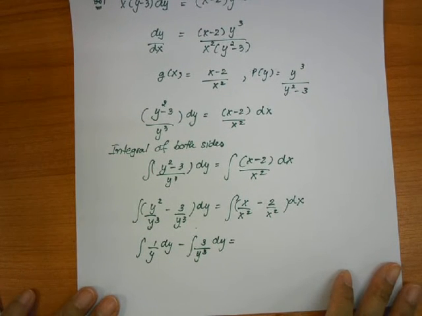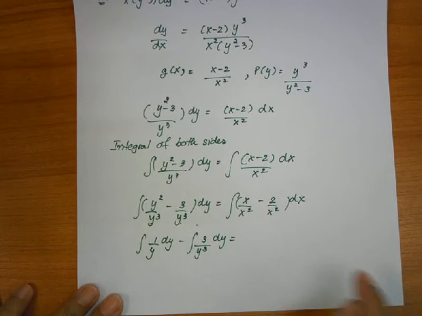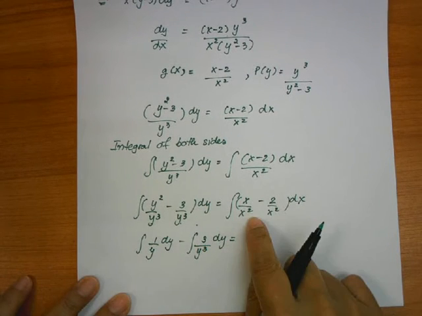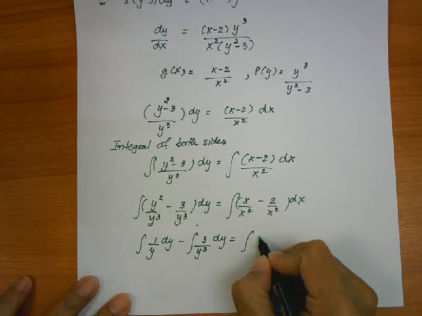We go like this because we also use the distribution property of the integral. And the first term of this one we get 1 over x.